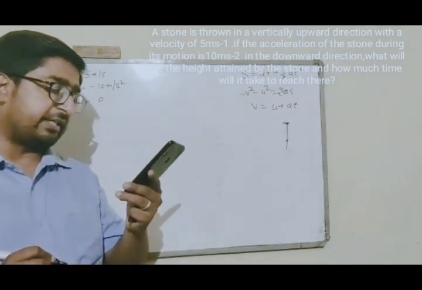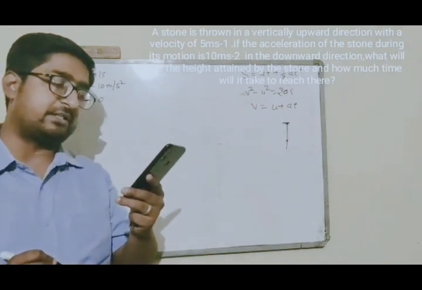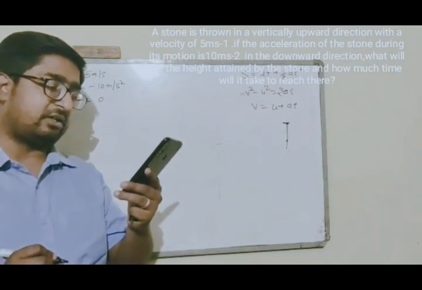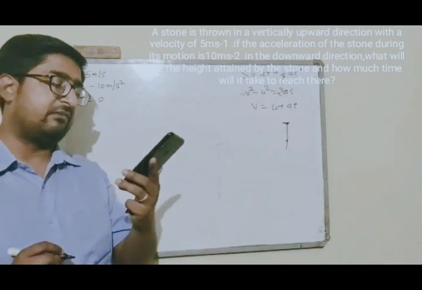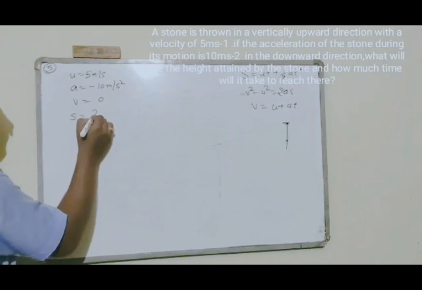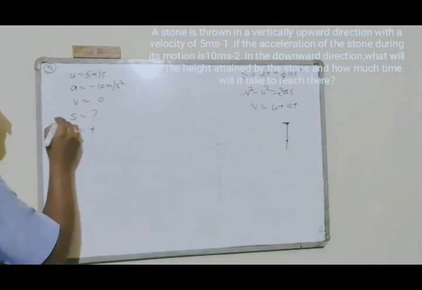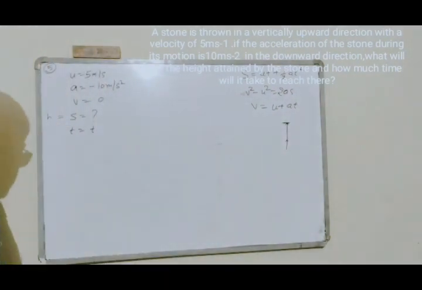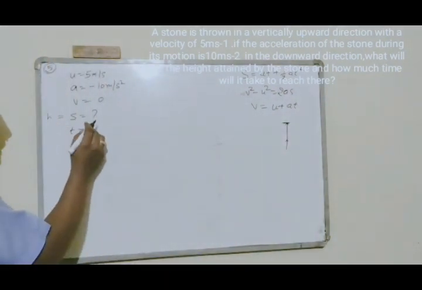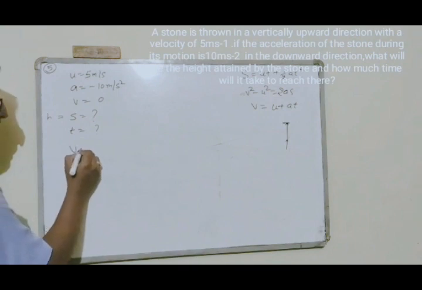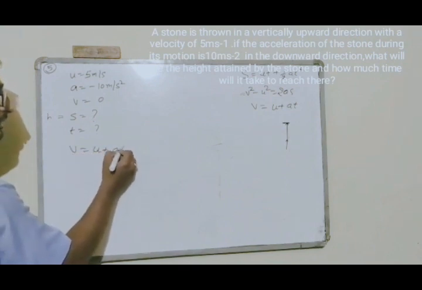So according to the question, if the acceleration of the object is 10 meter per second square in the downward direction, what will be the height attained by the stone, and how much time will it take to reach there? So we have to find out S and T. S is H, the height attained by the stone. For finding out T, we can use the velocity time relation, V is equal to U plus AT.